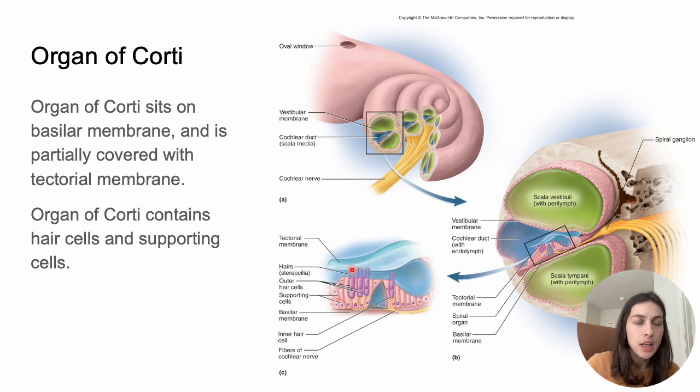The actual hearing cells are called the hair cells, and they have these stereocilia. They're not true cilia, but these projections that we call hairs, and they are embedded into that tectorial membrane. There are also some supporting cells. There are different types of hair cells, and I'm not really going to go into that very much.